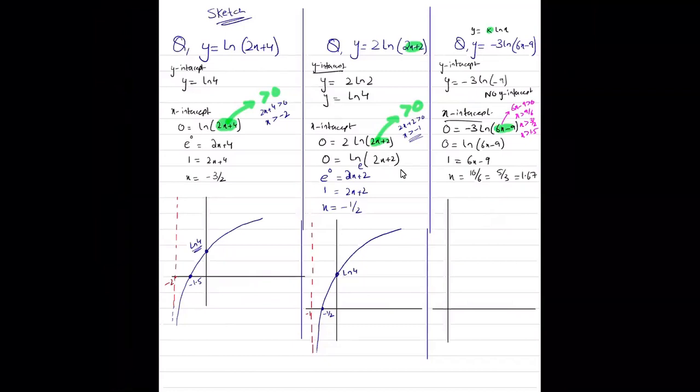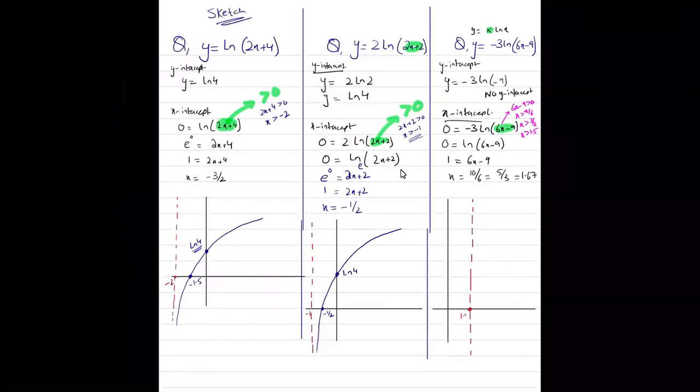So x must be greater than 1.5. So my asymptote is going to be at 1.5. The x-intercept is 1.67. 1.67 is going to be over here.